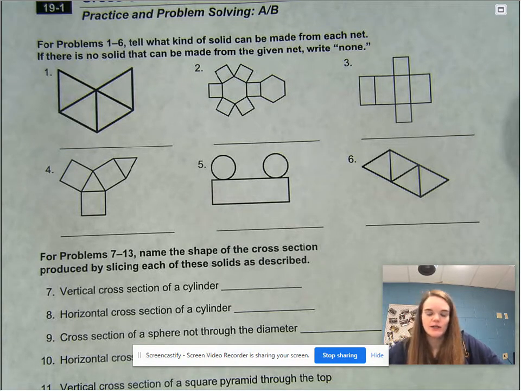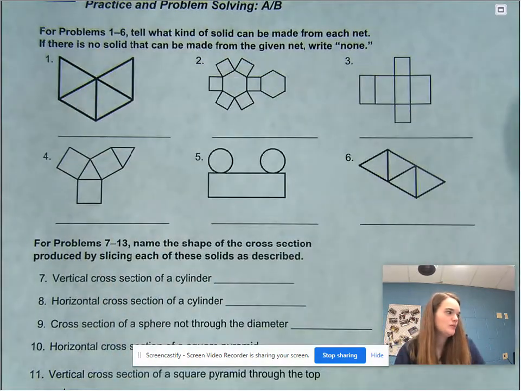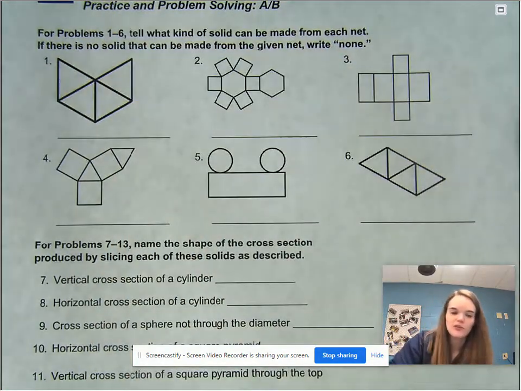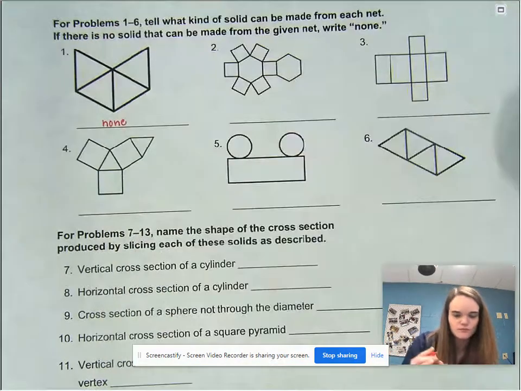All right, in number 1, if you fold this, it actually would make the top of the pyramid, but it would not have a base. We would actually need an extra piece for this to make a base. So it doesn't have any, it's got an open hole there.